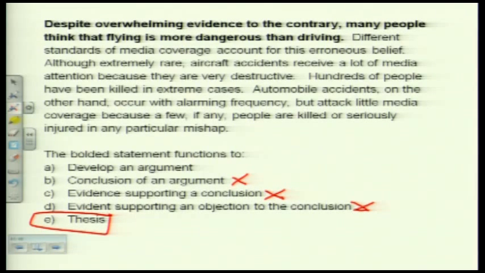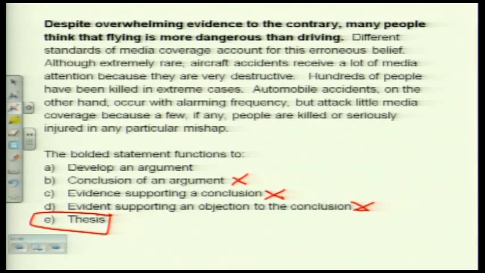The thing is, a thesis will have to be an explicit statement, okay? And anything could develop an argument. This one could be an argument as well: different standards of media coverage account for this erroneous belief. The function could be to develop an argument as well.